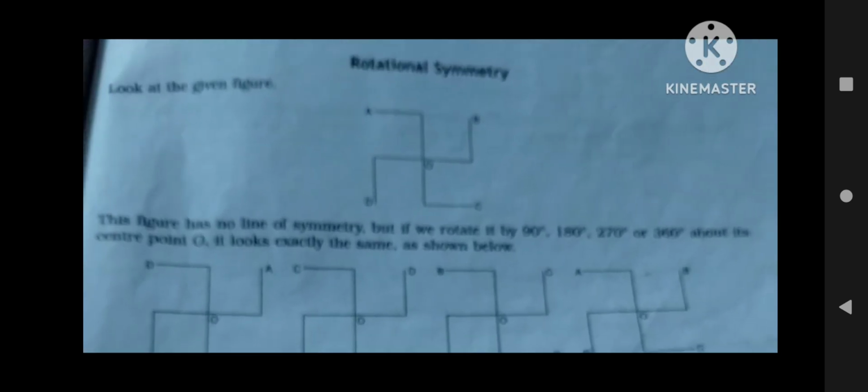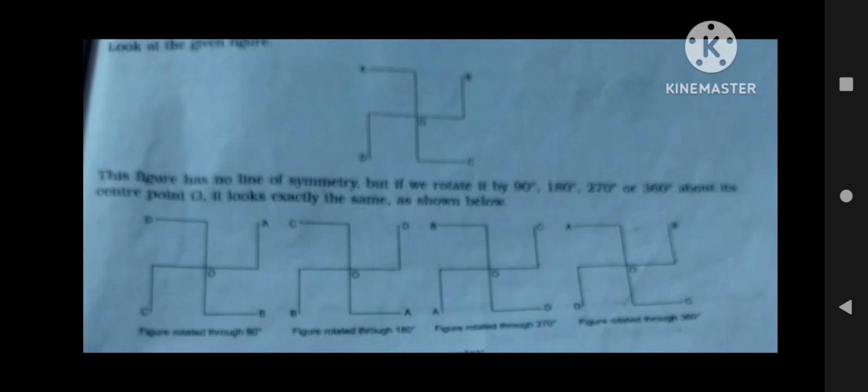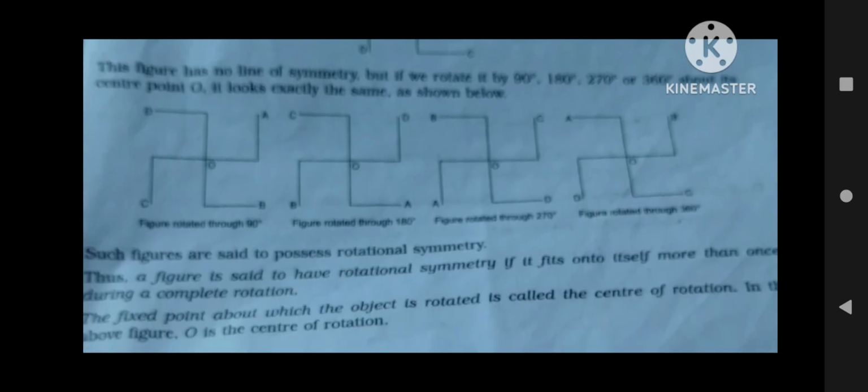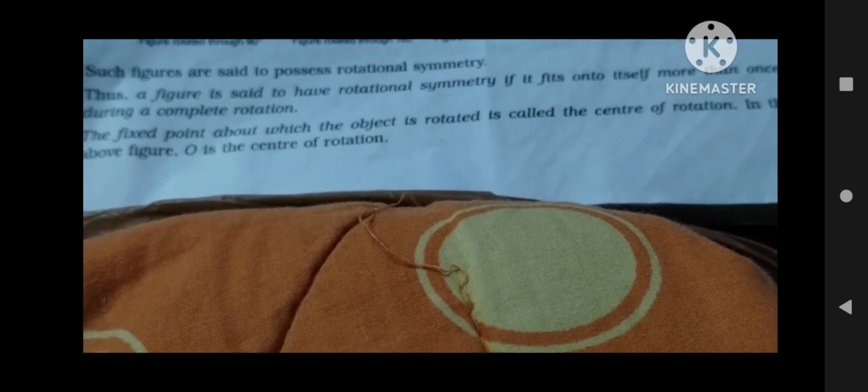Rotational symmetry. Look at the given figure. This figure has no line of symmetry. But if we rotate it by 90 degrees, 180 degrees, 270 degrees or 360 degrees about its center point O, it looks exactly the same as shown below. Such figures are said to possess rotational symmetry.